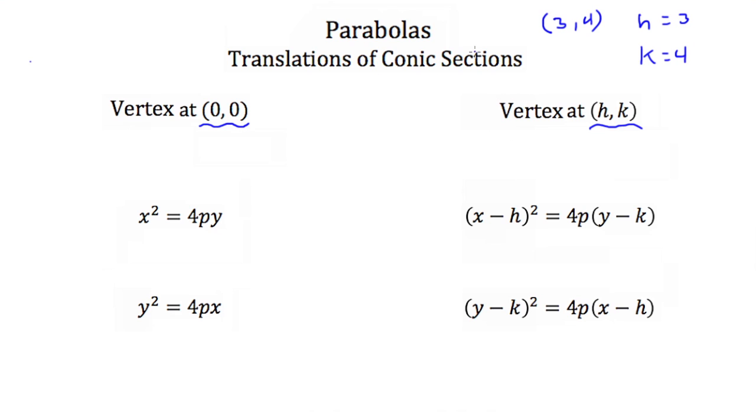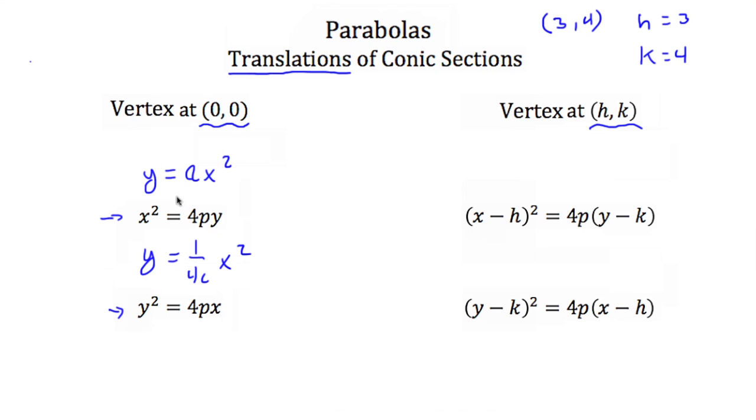Now when that happens, when we translate a parabola from its vertex being at the origin to some other point, all we do is take our standard equation. Here I typically use the x squared is equal to 4py, or y squared is equal to 4px. You may also be used to y is equal to a times x squared, or y is equal to 1 over 4c times x squared.